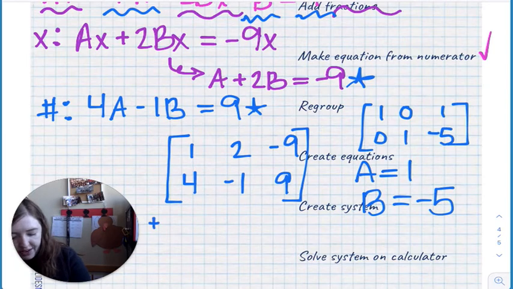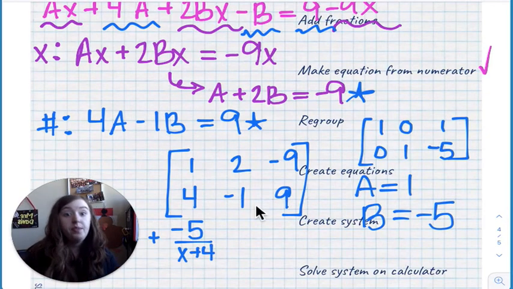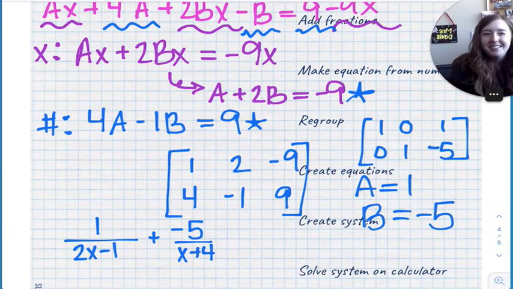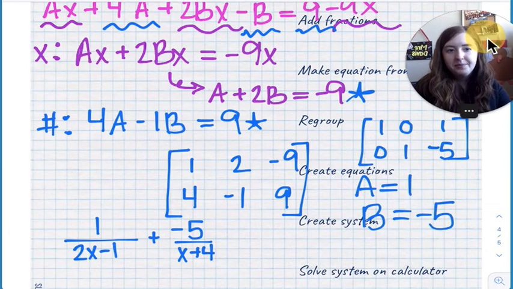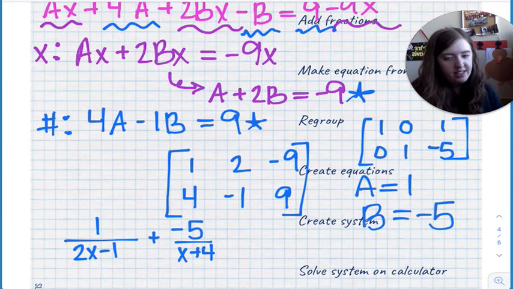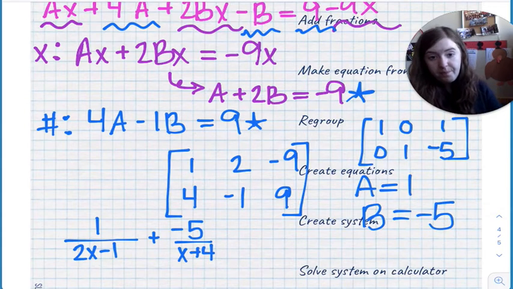And we found out that B was -5, so he will go over our x plus 4. My face is in the way. There we go. All right, so you can put that as plus -5, minus 5 over x plus 4, that's fine too, as long as the 1 is on top of the 2x minus 1 and the -5 is on top of the x plus 4.